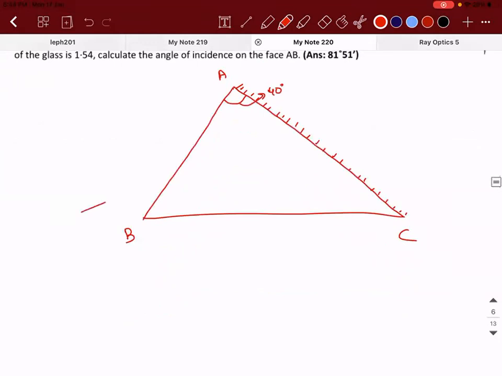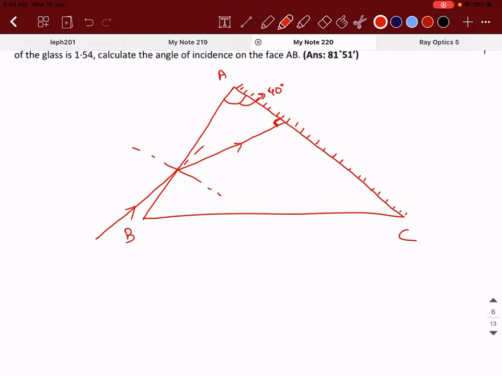Means the ray is incident on the surface in such a way that the ray gets bent and hits the surface perpendicular.